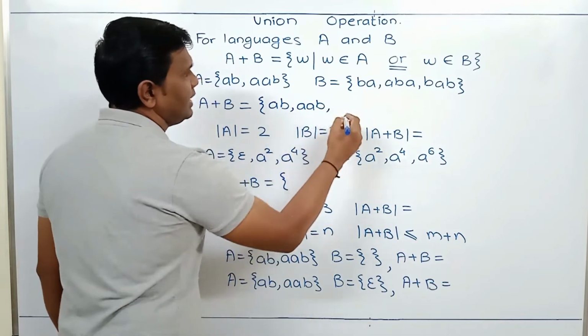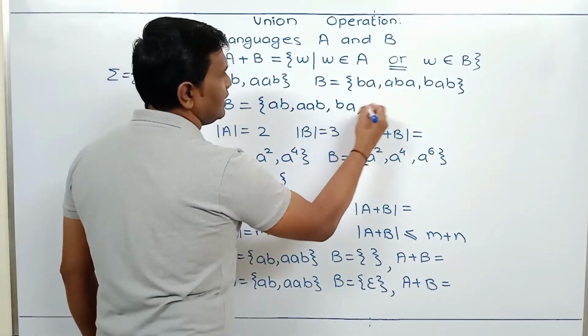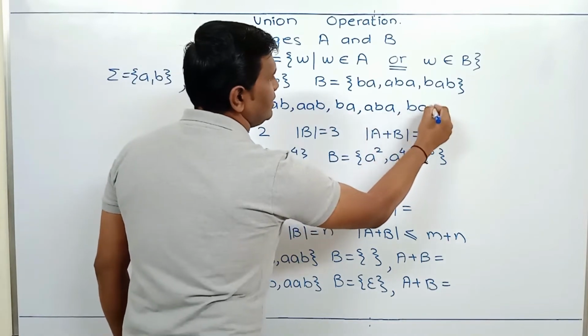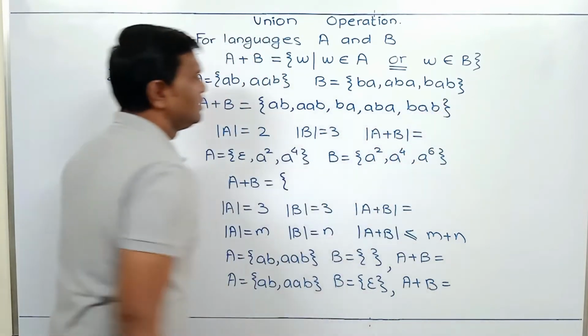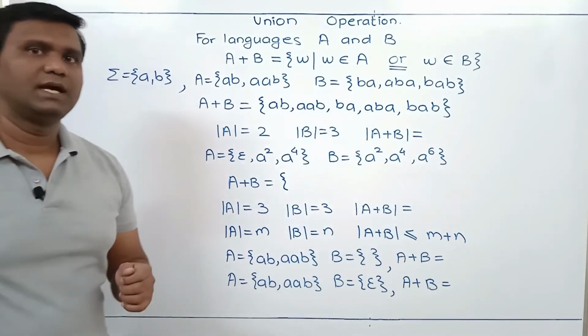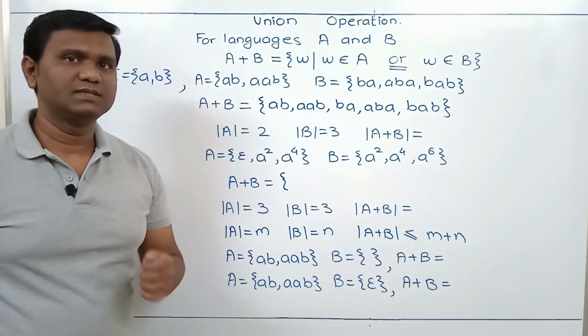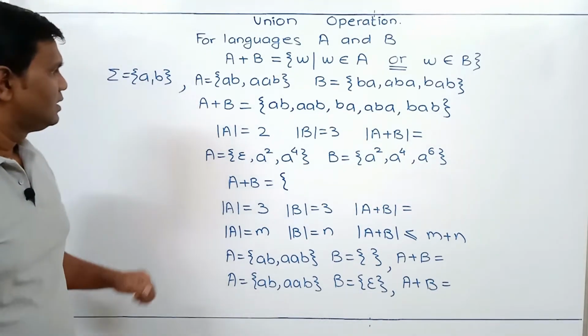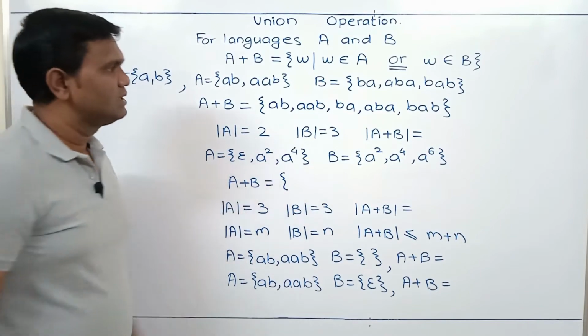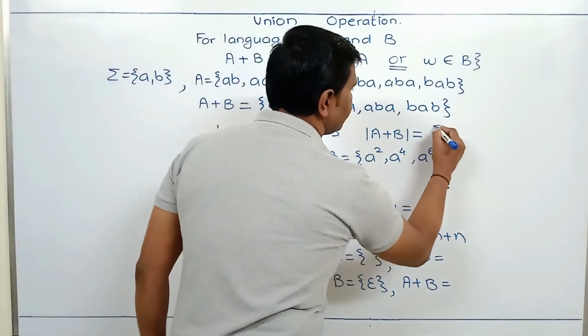From B we get BA, ABA and BAB. While calculating A + B, we must make sure that there are no repetitions of strings in A + B. So here language A contains 2 strings, B contains 3 strings, and A + B contains 5 strings.